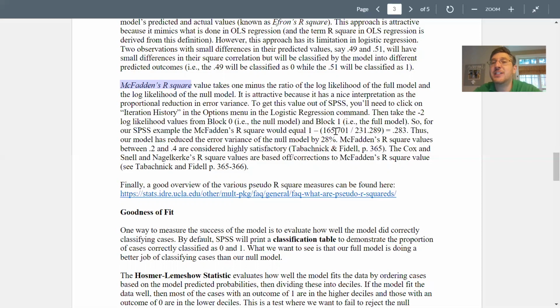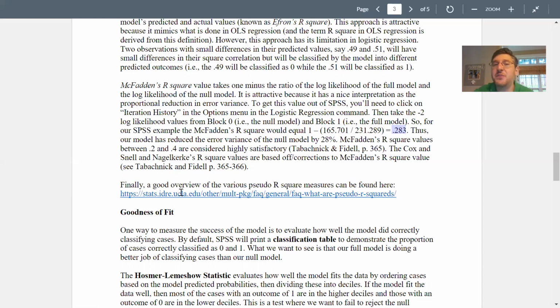So you basically take the log likelihood value of the null model and the log likelihood value of your full model. It's saying that our full model has reduced the error variance of our null model by whatever percentage. In our example, it was like 28.3, so our full model has reduced the error variance of the null model by about 28%.